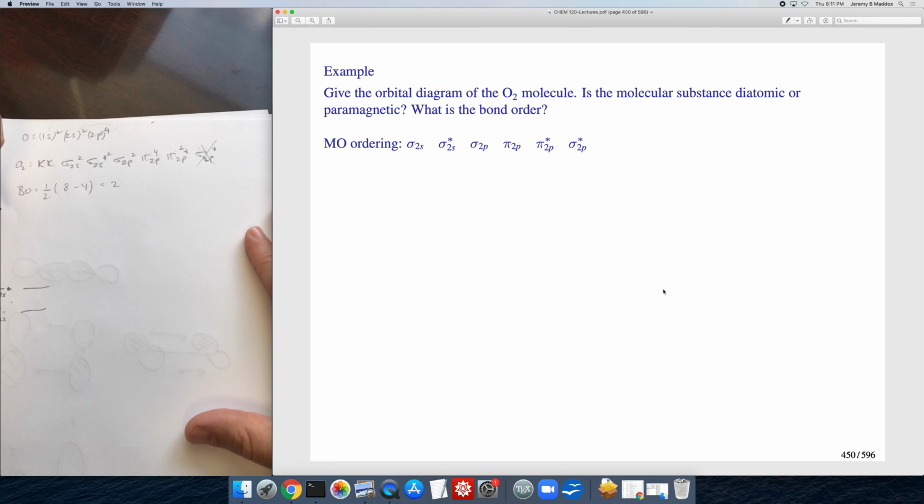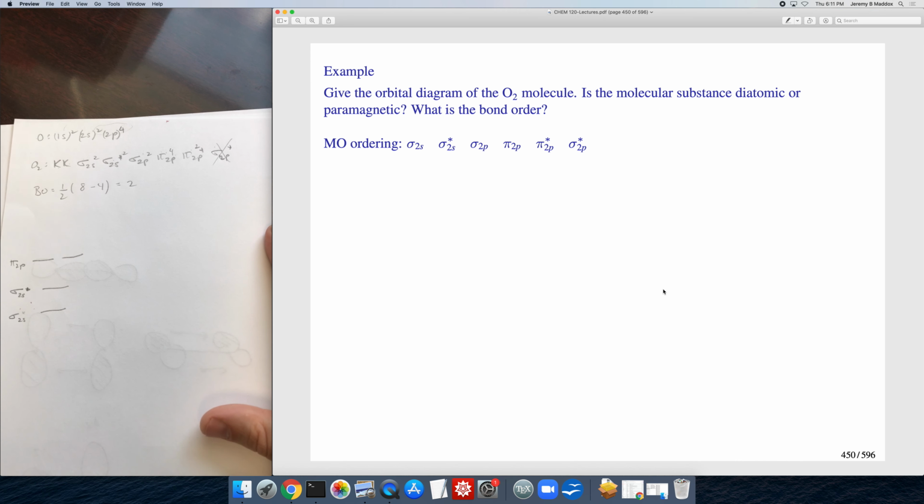Then we're going to have the pi 2p, and the pi 2p star, and up here will be that unfilled sigma star orbital. So we have 2 electrons here, 2 electrons there, 1, 2, 3, 4, and then we have 1 and 2.